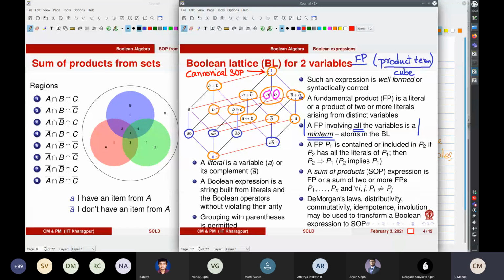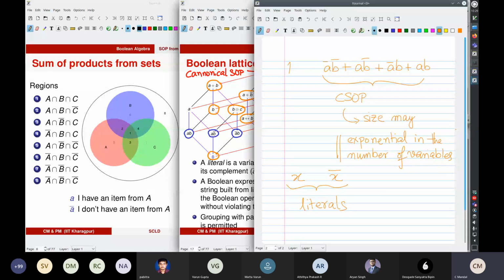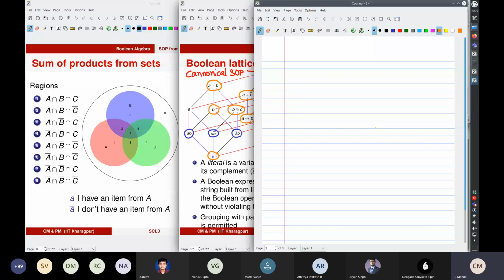This Boolean lattice. So if you go by this, it is A, this is B, and if you go by that numbering, you have 1, 2, 3, and 4. These are the 4 regions. All right.